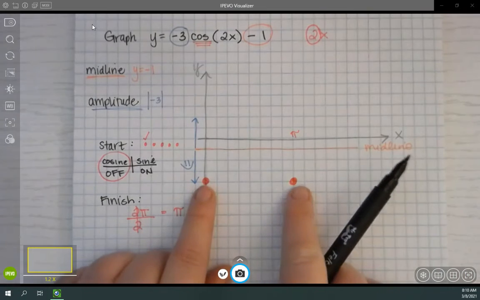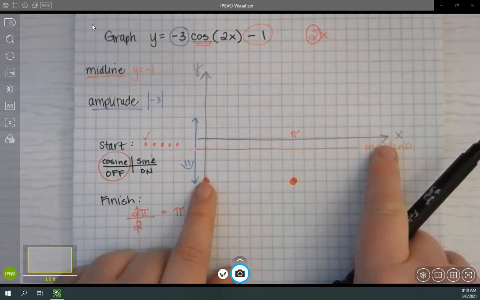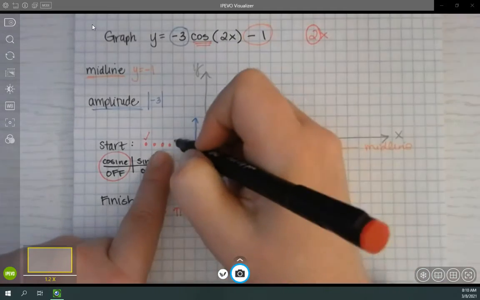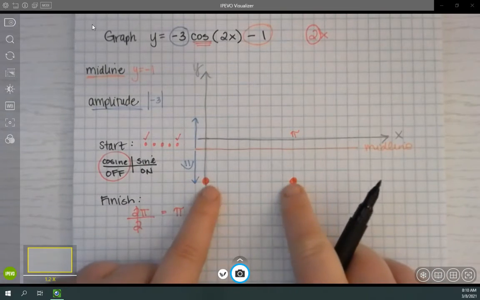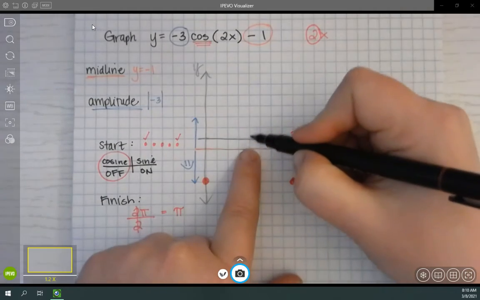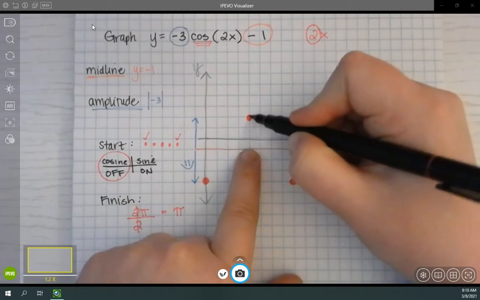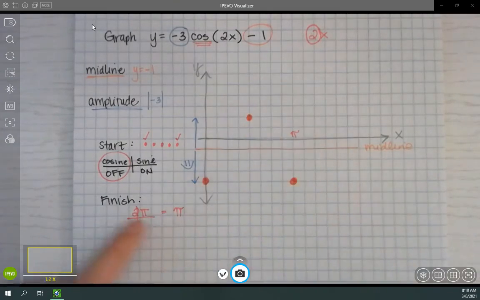So where should my middle dot be? Well, if my start and my end are off the midline, so is going to be my middle dot. So I have my first and my last. Now let's do the middle. I'm going to go in, in, in. Here's my middle. And I'm going to go up to the +3. So here is dot 1, dot 2, dot 3.